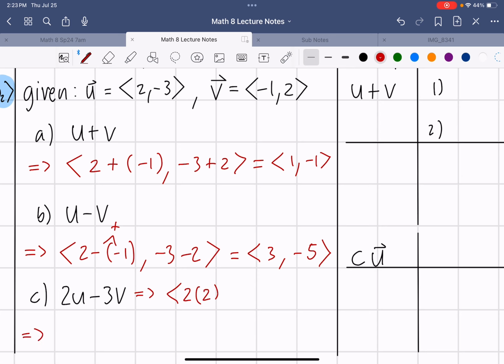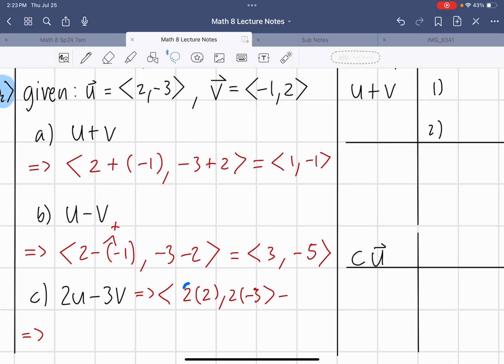I'm multiplying the x component of u, and then 2 times the y component of u, and then it's subtracting. Now you can do 2 different things here. You can either distribute, for lack of a better word, we can distribute negative 3, or you can just distribute 3 itself.